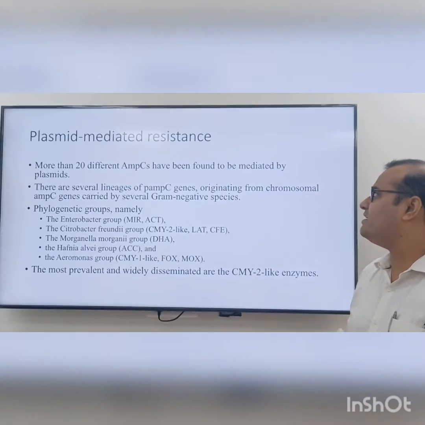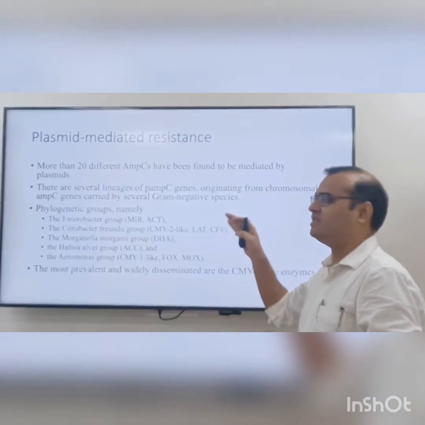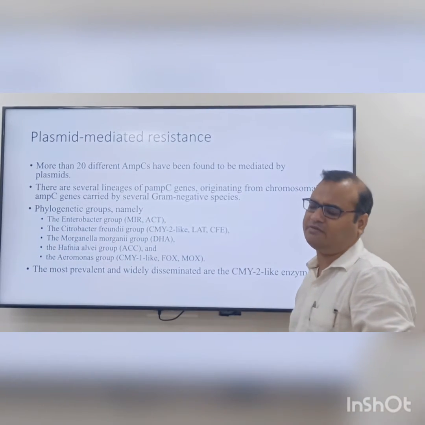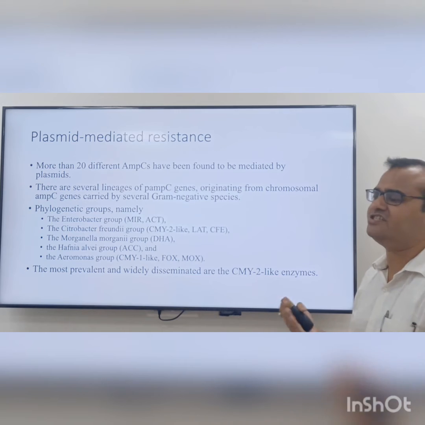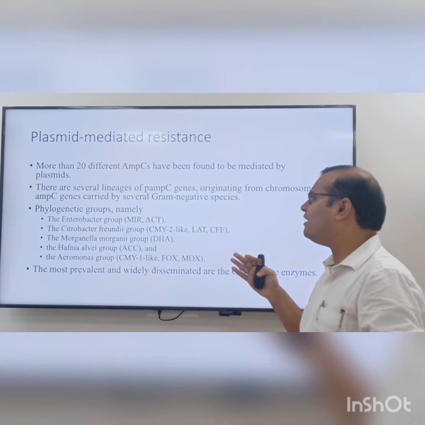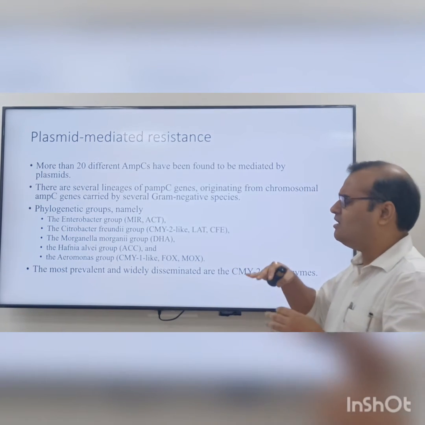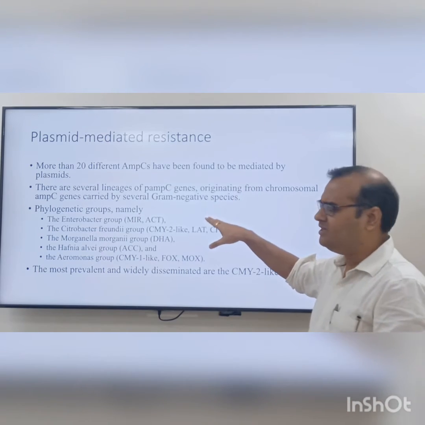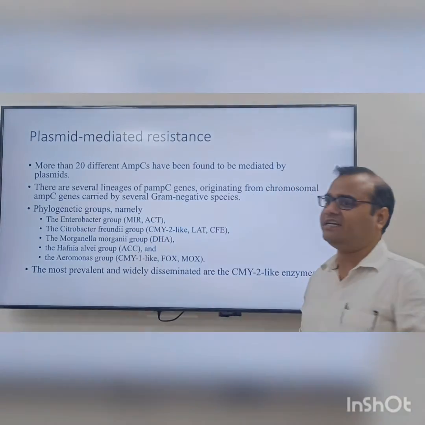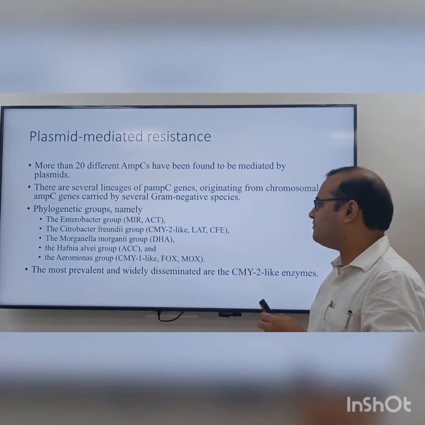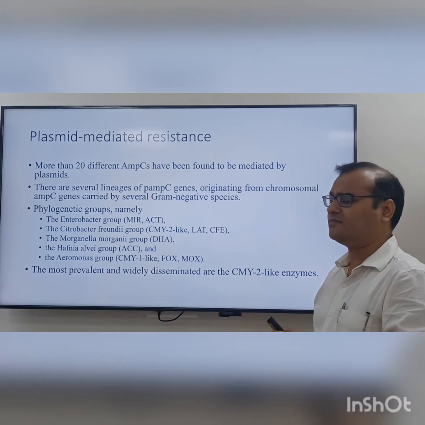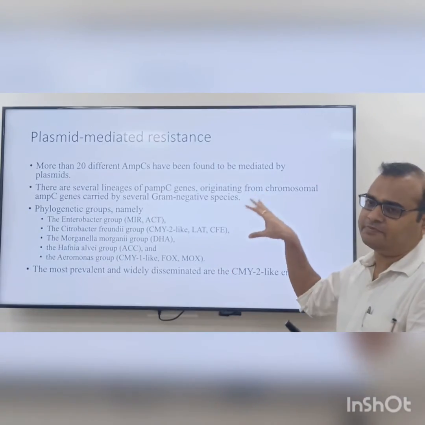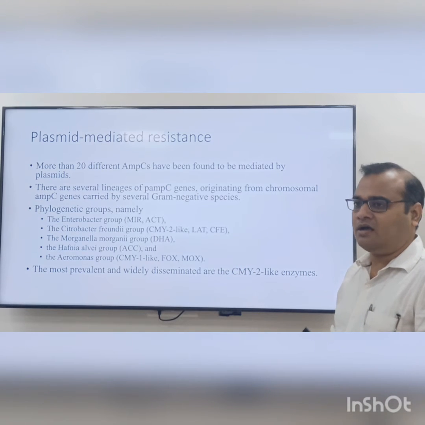Coming to the plasmid-mediated resistance, there are more than 20 different AmpCs that have been found till now, and this list is growing. There are around 5 phylogenetic groups. These plasmid genes originate from their respective chromosomal organisms.